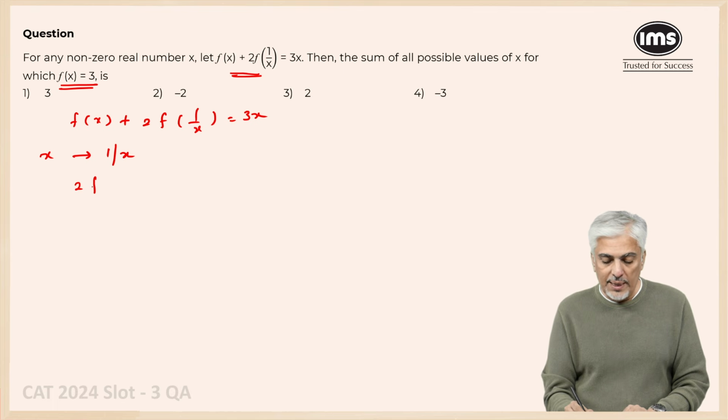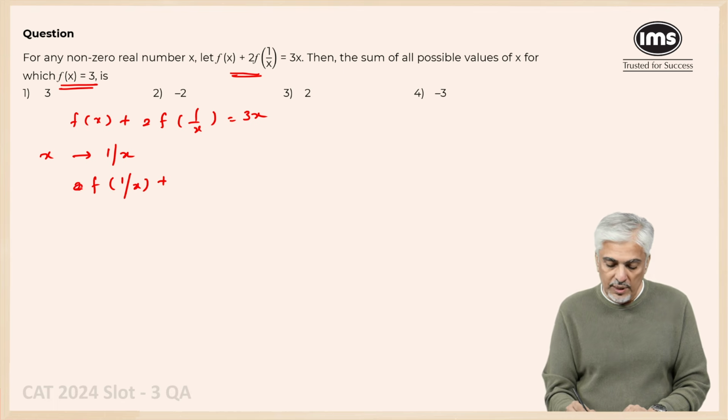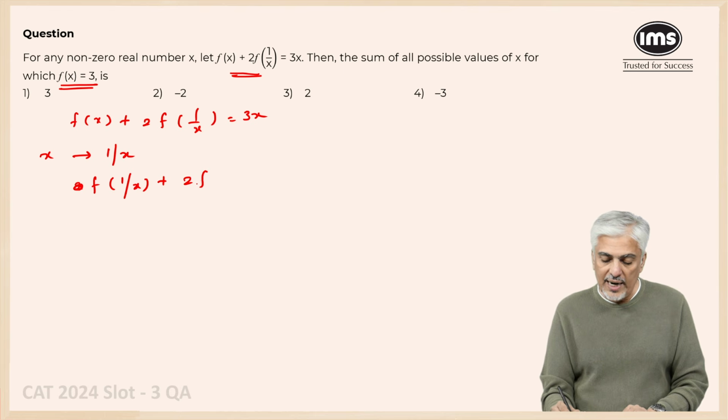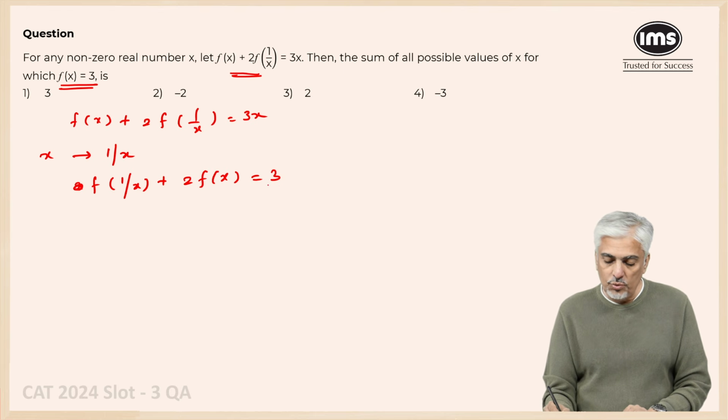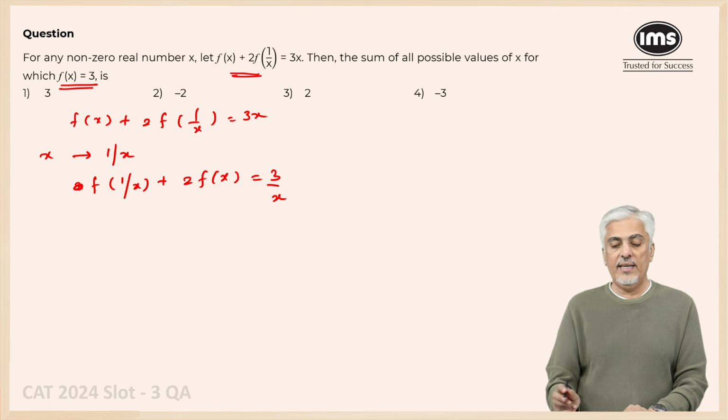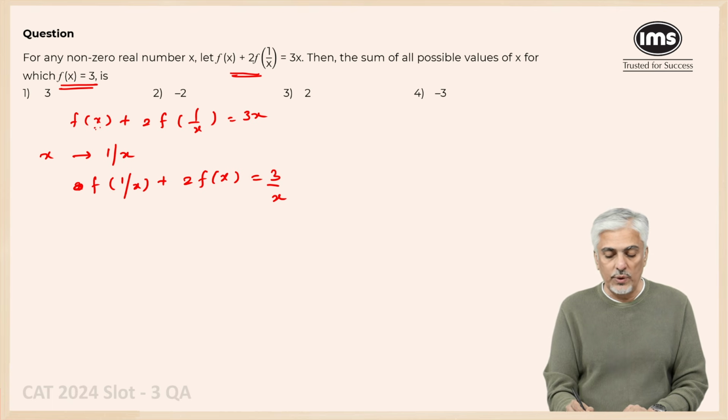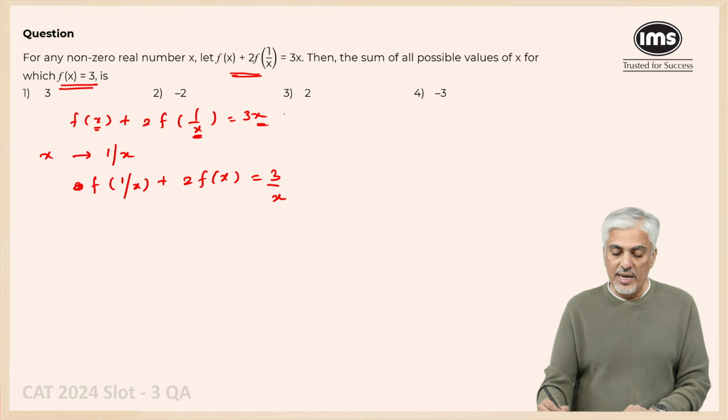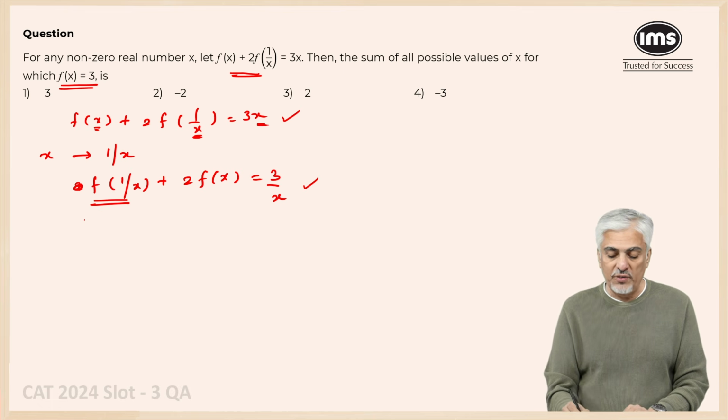So replacing x with 1 by x, what do we get? Not 2 times, only f of 1 by x plus 2 times f of x is 3 upon x, replacing x with 1 by x. So we have two equations where I need to eliminate f of 1 by x.